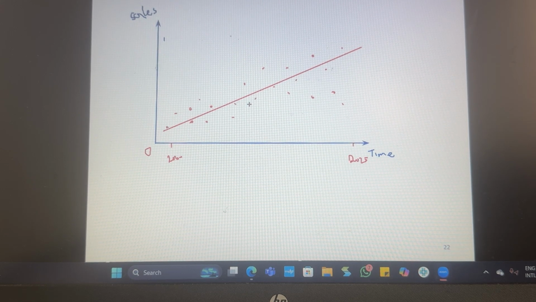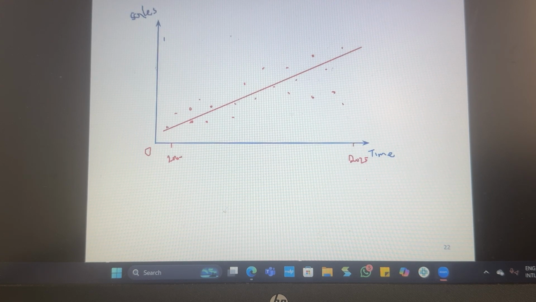Okay. So you can see a long-term trend. I think this line is a very reasonable line for this actual data. Maybe if I ask some of you, probably you will draw a line like this.